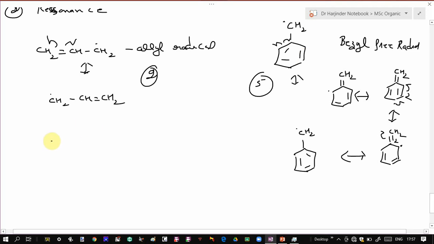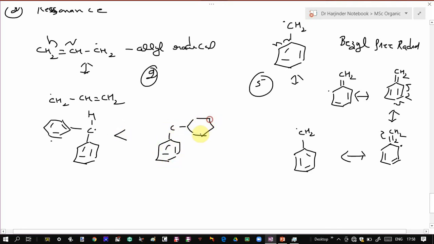For example, the diphenylmethyl free radical will be more stable as compared to the benzyl free radical, as in this case you have more resonance structures, and it is less stable as compared to the triphenylmethyl free radical, because here you will have even more resonance structures. So you have to draw the resonance structures by yourself.